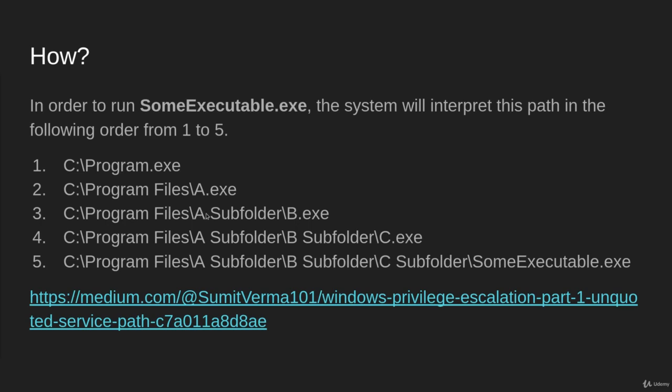It only does the first part. And then it moves to the other one. It tries to run an executable, and then it goes into the folder, and then it goes to the other one, and it tries to run an executable. So that's how it basically works.